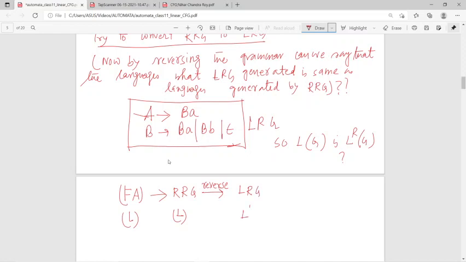And the language we receive is also reversed.